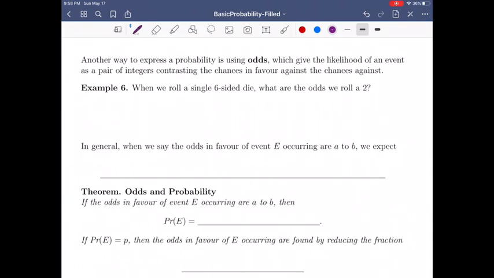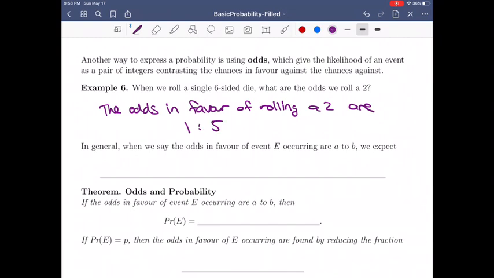We would say the odds in favor of rolling a 2 are 1 to 5. The 1 is the ways that it happens, and the 5 are the ways that it does not happen.